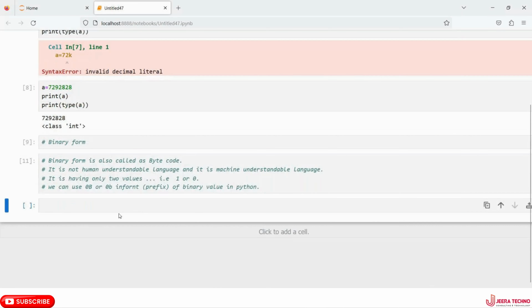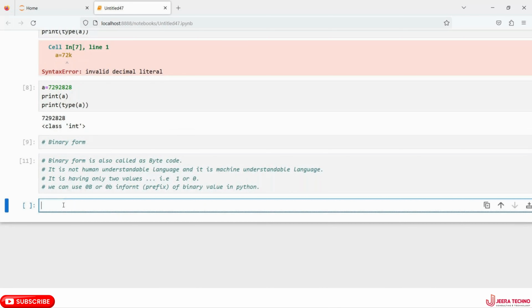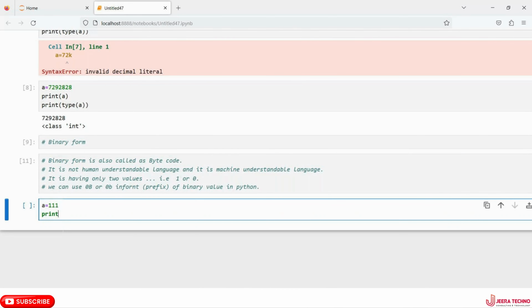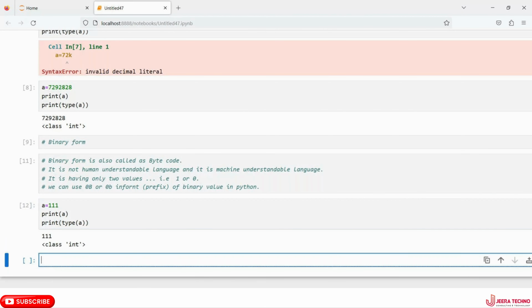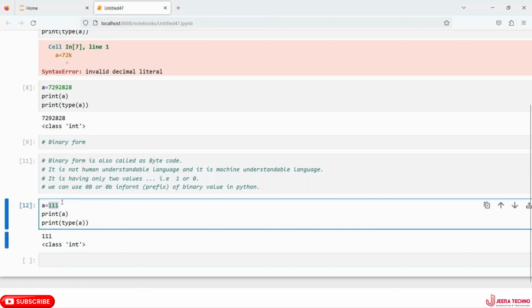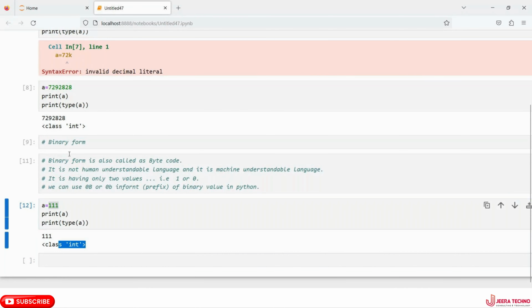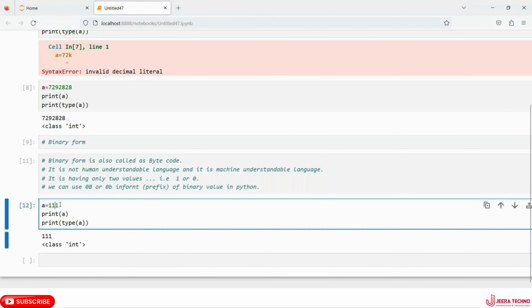Let me execute a small example here. So a equal to 111, print of a and print of type of a. Here 111 is an integer only, it is not binary form.